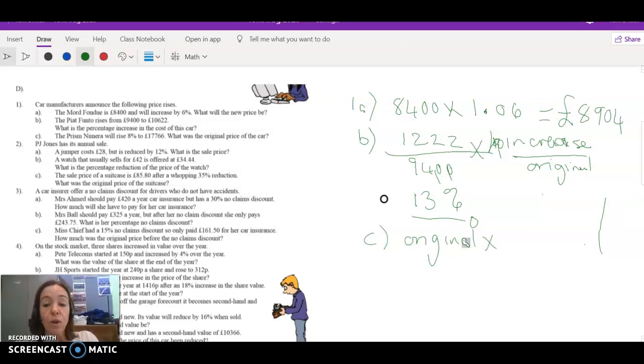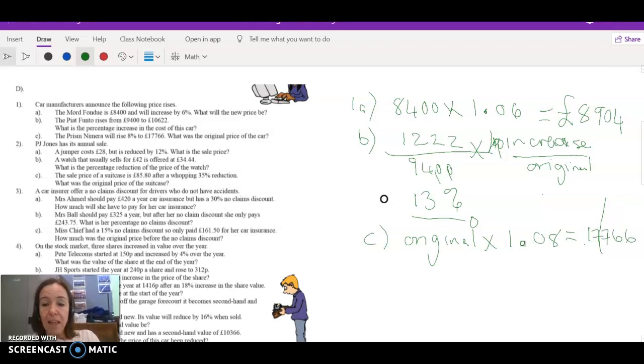It's going to increase or rise by 8%. In other words, I would have multiplied the original by 1 full plus the extra 8%. Don't forget it's not 0.8 because that would be 80. And my answer will be 17766.